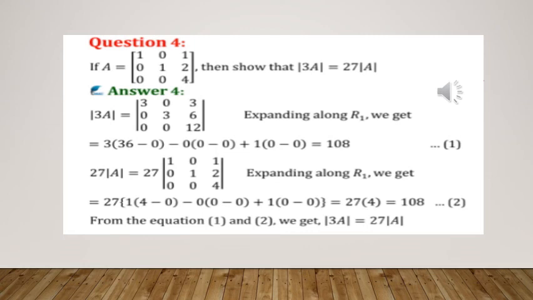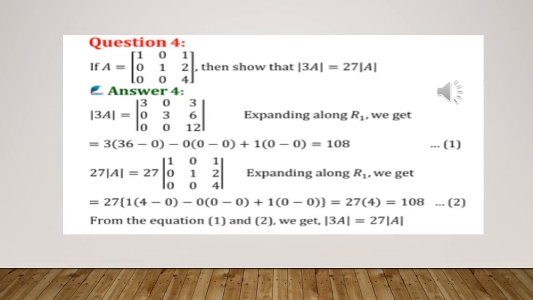Matrix 3A is 3 into 1, 3, 0, 3, 0, 3, 6, 0, 0, 12. So determinant 3A is the determinant of 3, 0, 3, 0, 3, 6, 0, 0, 12. Along any of the rows or columns, we expand, we get the answer as 108.